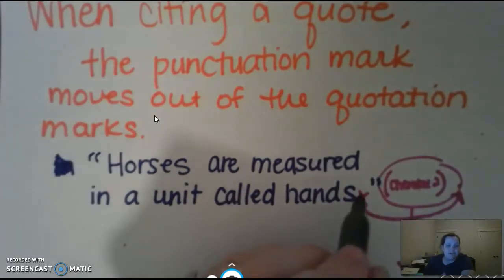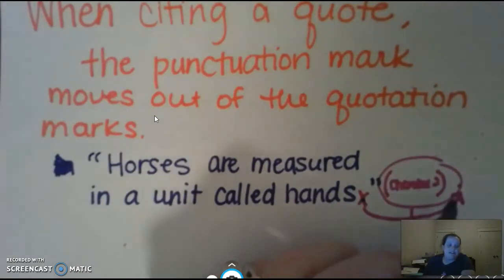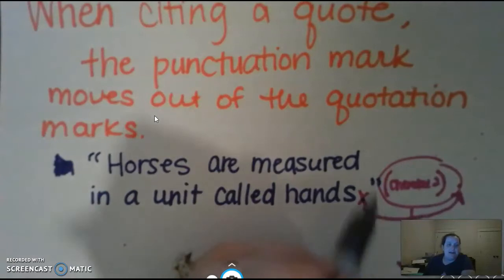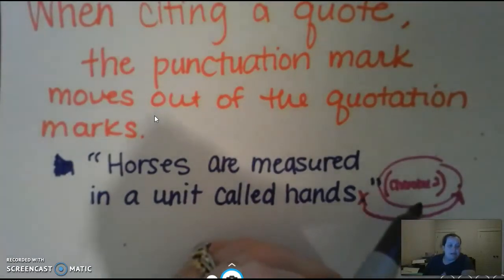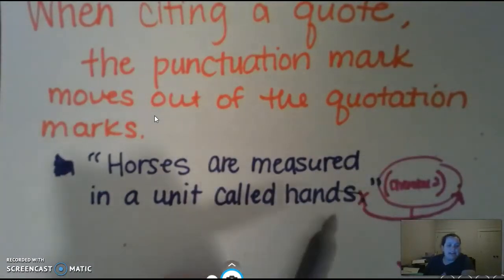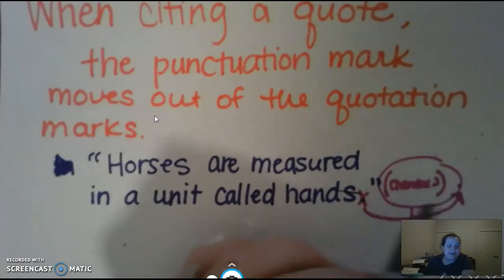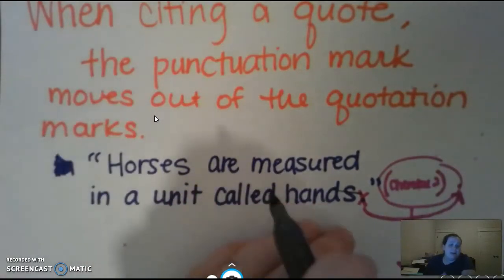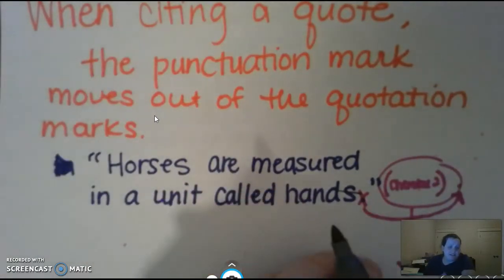So even with quotation marks, you're going to have to do that citation before you put your punctuation mark at the end. Okay, if you have several different ideas that all go with the same exact citation, you can just put that at the end. Okay, if you pulled it from different pages, they need to be their own citations.